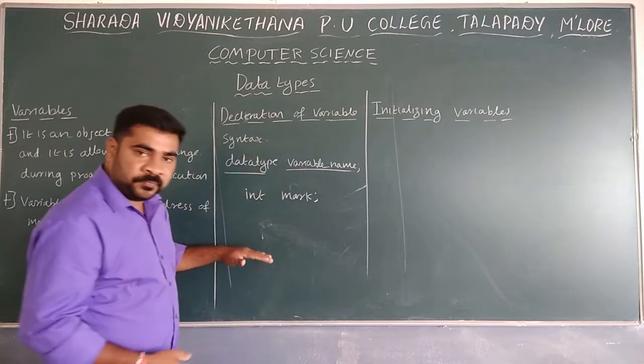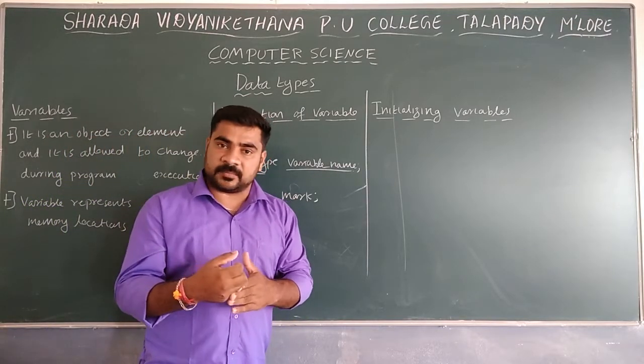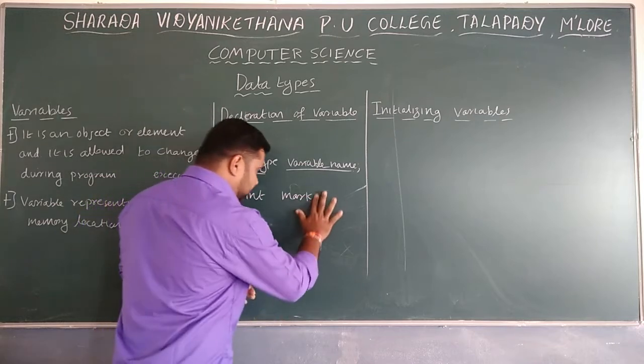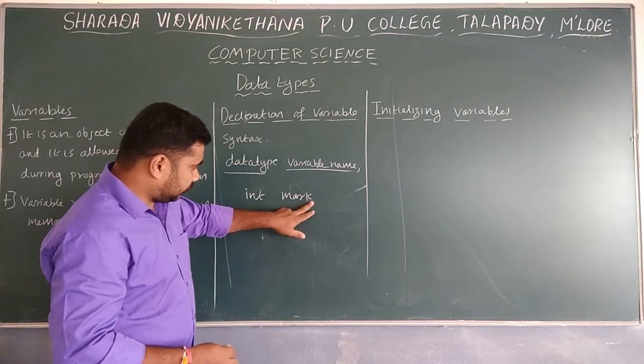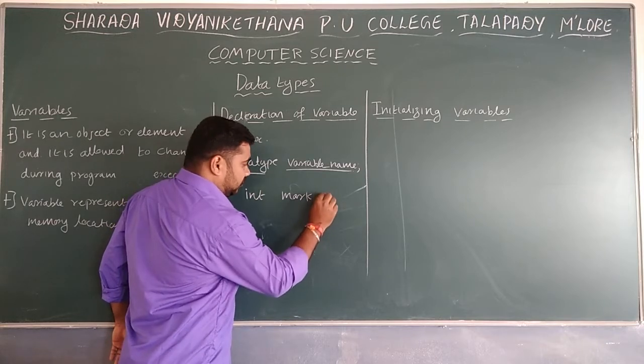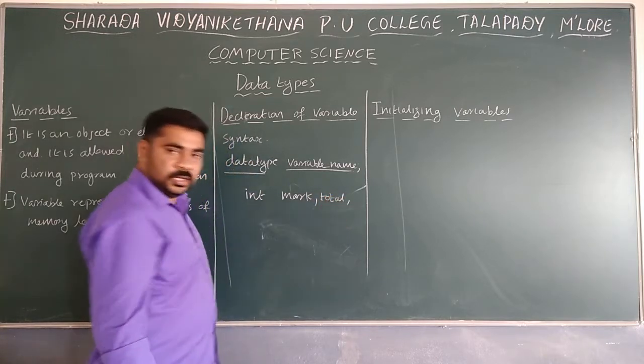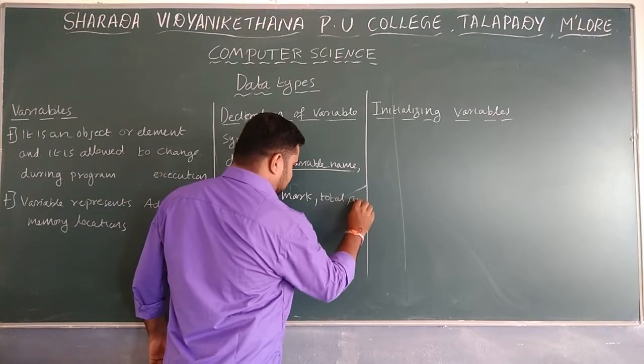This is one example. Whenever you want to declare multiple variables, you can use the comma operator. We can use one more, total, or we can use average.